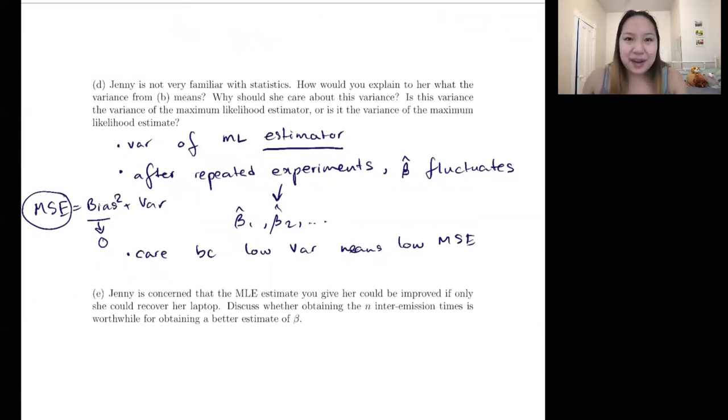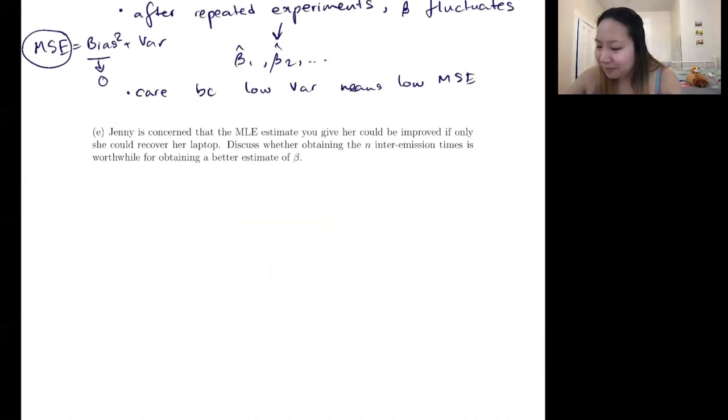Okay, so finally, Jenny is concerned that the MLE estimate you give her could be improved if only she could recover her laptop. Discuss whether this is worthwhile. What we're going to do here is pretend we do indeed have all of the data.